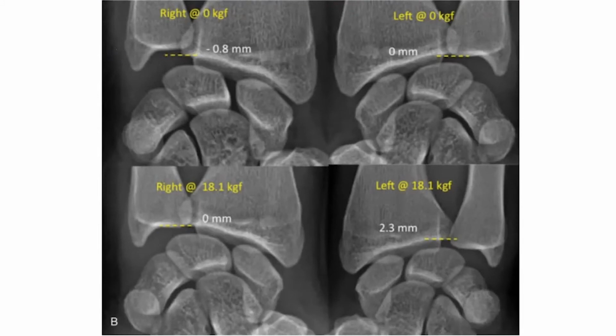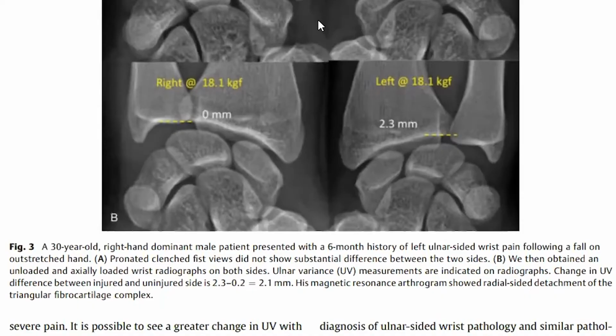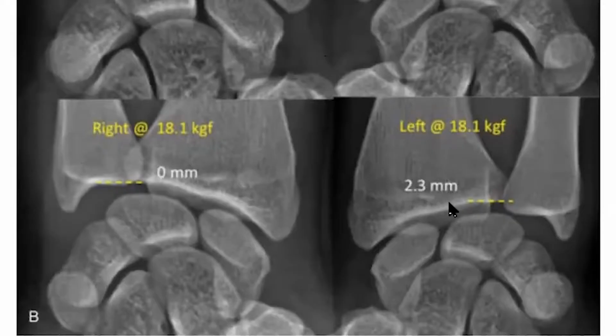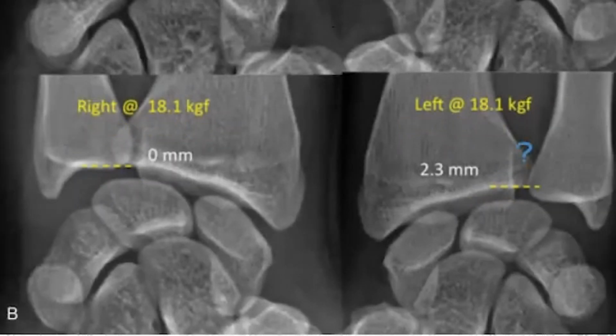But what we do know is when you put a load on it, on the left, you get a 2.3 millimeter change. But more importantly, and I think this is often ignored, there is a spreading between the distal radius and the ulna right down the center. This spreading of the radius and the ulna is visualized really nicely here.